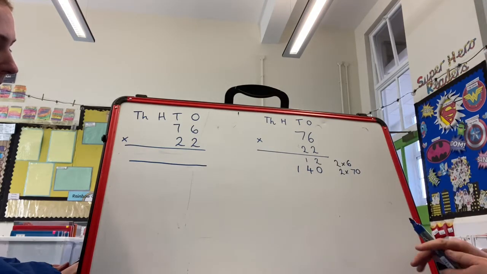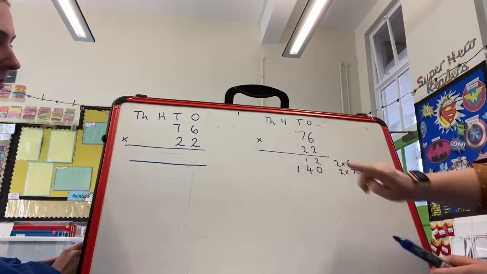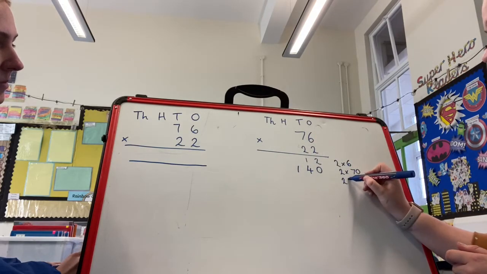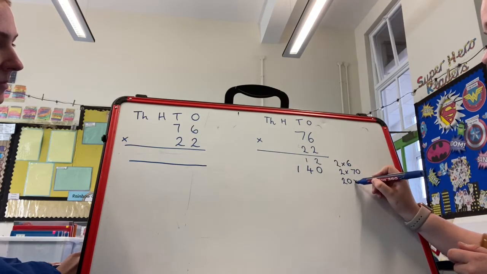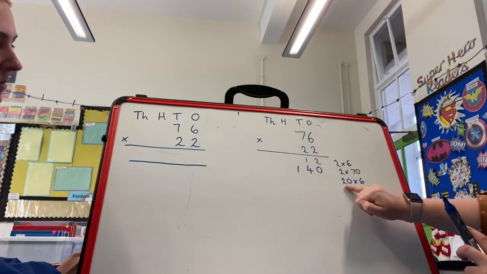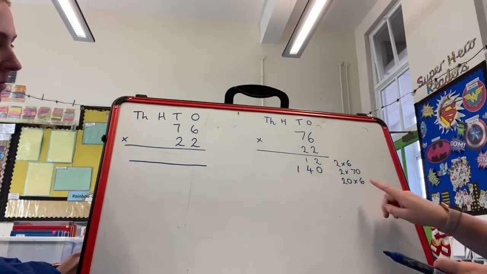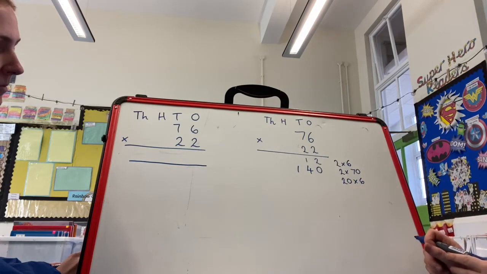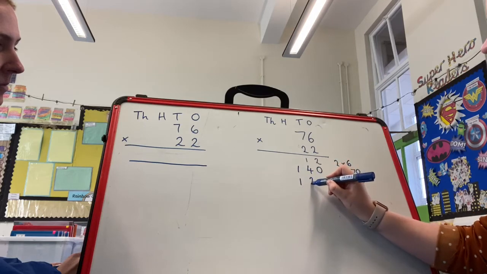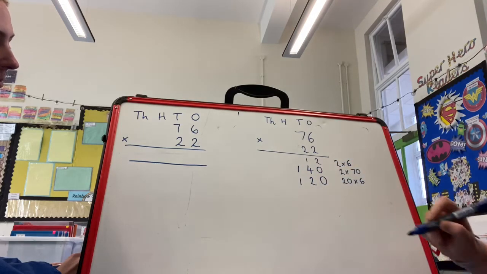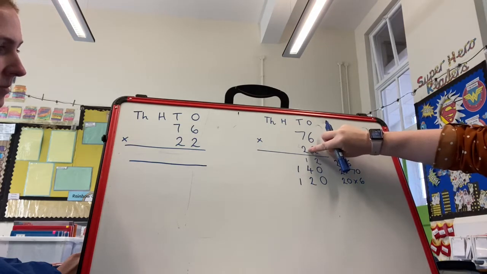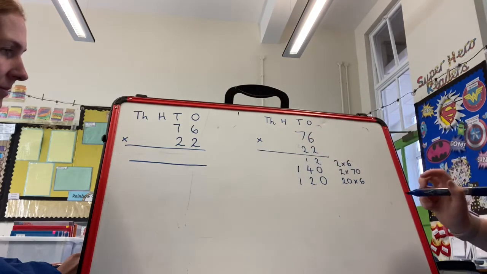And then going to times my 20. So I'm going to do 20 times 6. Again, I know 6 times 2 is 12. Multiply it by the 10 is 120. Okay, and then the final multiplication I need to do is 20 times 70.